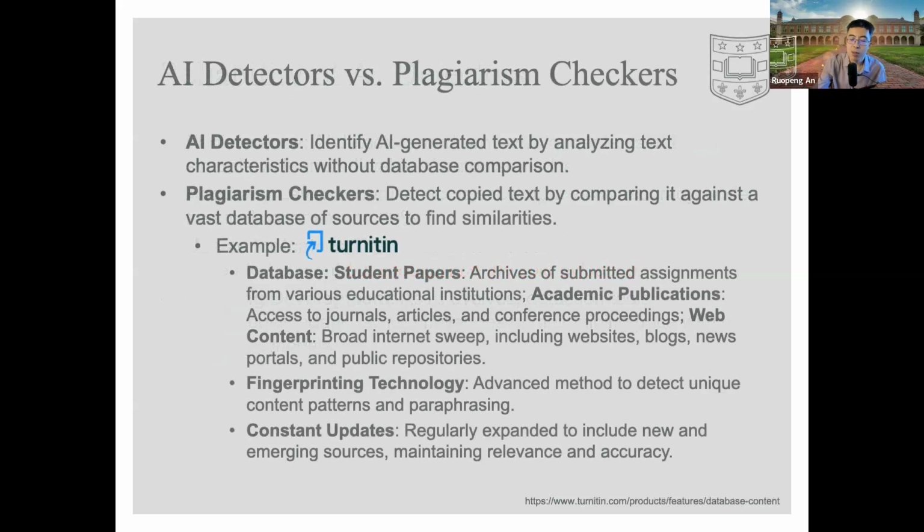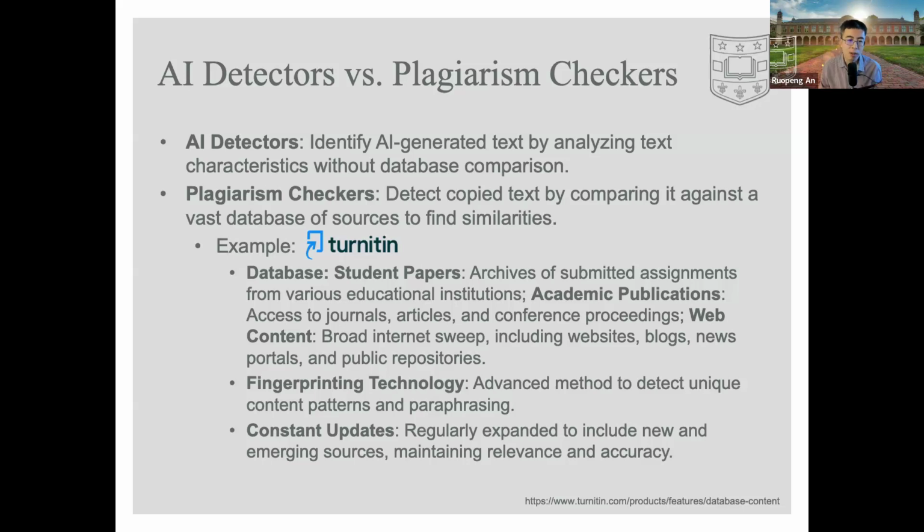And now let's switch gears to the difference between AI detectors and plagiarism checkers. They are related, but they are different. The AI detectors, as we introduced, are tools that aim to identify AI-generated text by analyzing text characteristics without a database comparison.